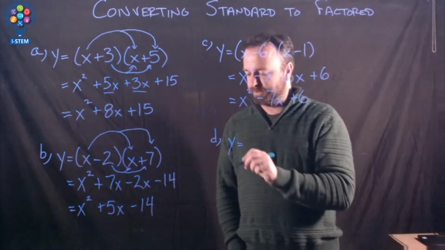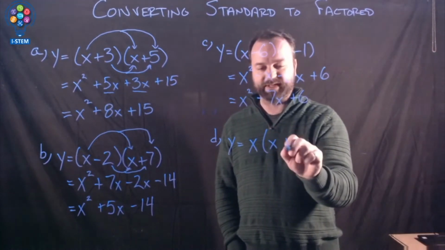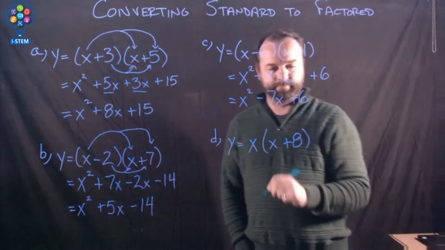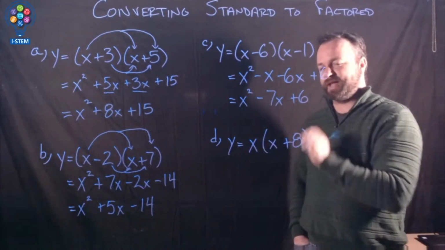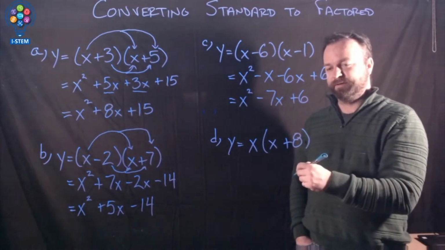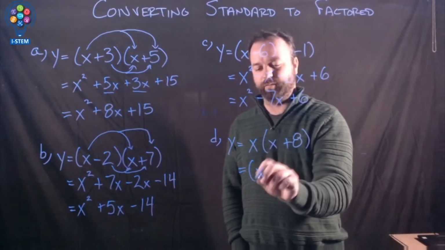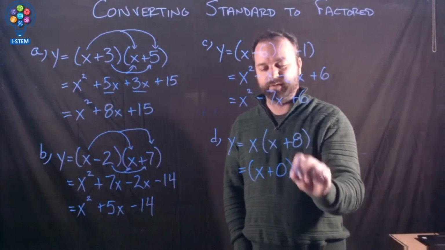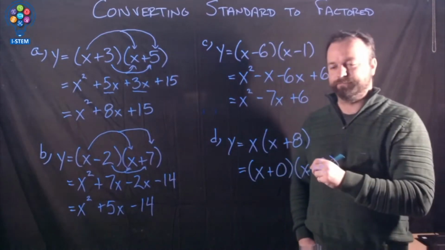Y equals x times x plus 8. So this one looks a little different. That first term x doesn't have really a factor there. If I need to, I could reimagine that first term as x plus 0.